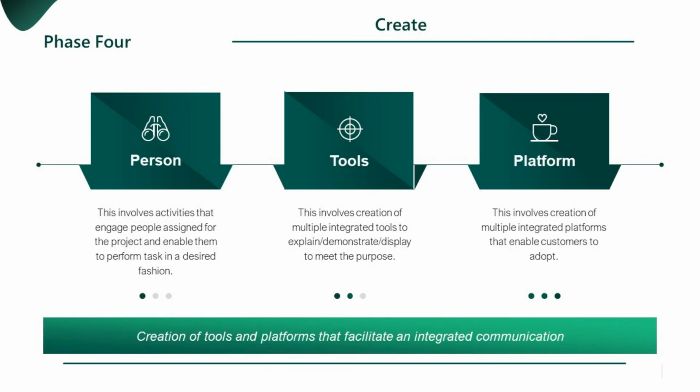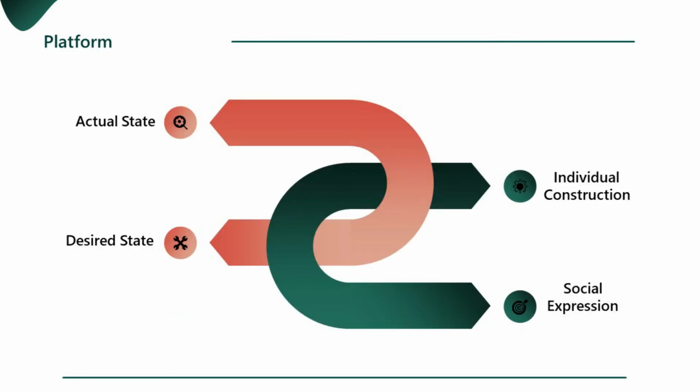Phase 4 of the exercise is all about creation of tools and platforms that facilitate integrated communication based on previous exercises. Designing multiple integrated programs is a very crucial exercise in this process. There are a few very crucial facts one needs to consider while designing these platforms. The very first fact that helps give the right objective and right shape to these platforms is that every customer acts as per their current status, but attempts to move towards their desired state of life.